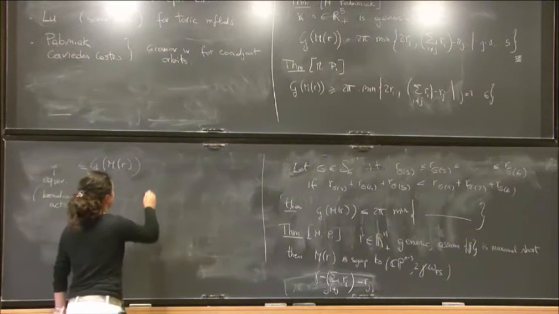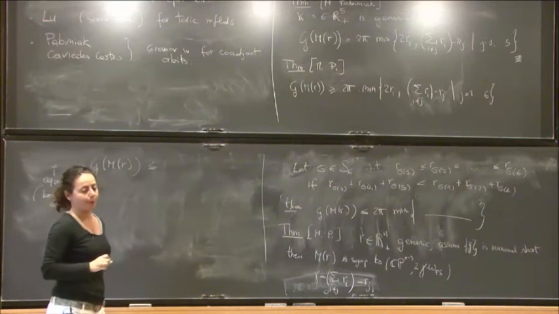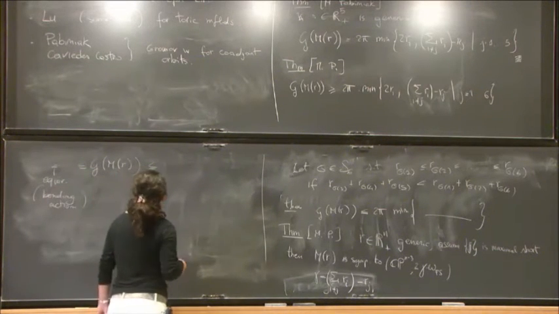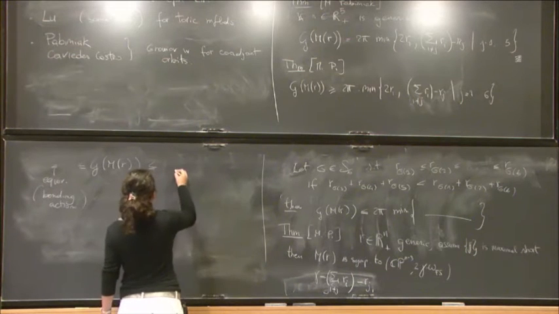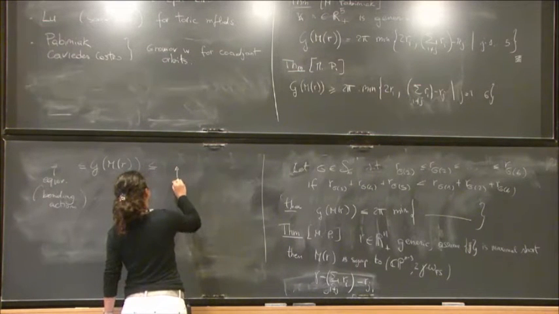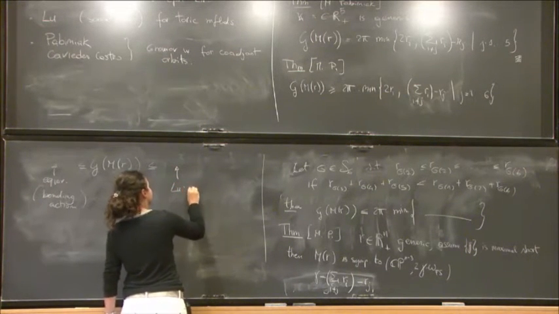And the upper bound is the one that is more tricky, both for me and for Mila, because we are not experts on J-holomorphic curves and this kind of thing. So we will use here some results of Guangkun Lu.